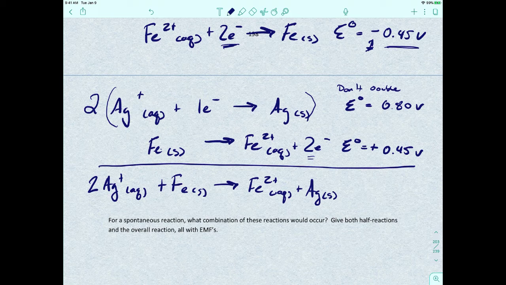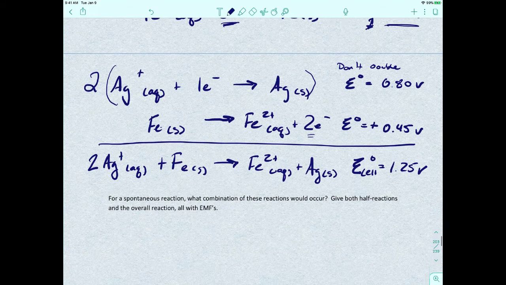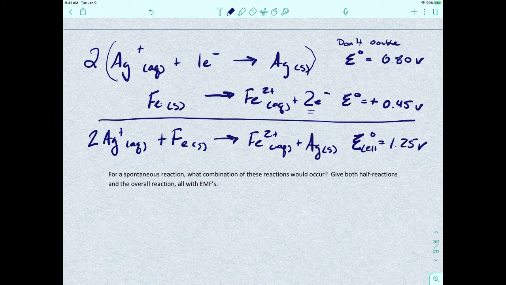And if we add up those 2 values, the cell potential at standard state should be 1.25 volts. Okay. Now, under what conditions would you be able to measure this voltage value? You would be able to measure this under 1 molar concentrations. Because remember, the voltage changes with concentrations.